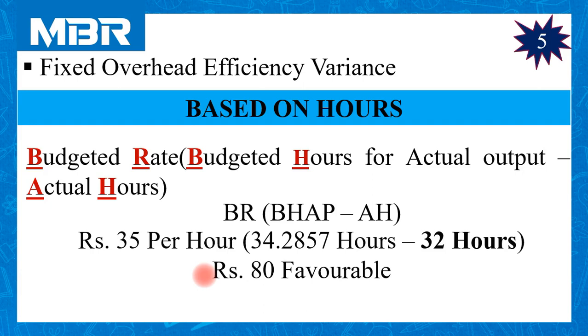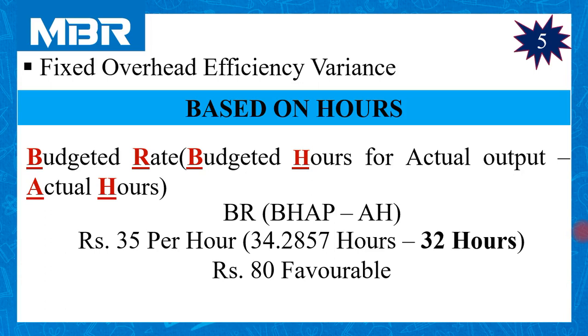Budgeted rate rupees 35 per hour. Budgeted hours for actual production, actual output, 34.2857. We have completed calculation of these 34.2857 at initial level, minus actual hours as given, 32 hours. If information of IT is given, then we need to consider actual hours productive. But here information of IT is not given, so we need to consider 32 hours in full.